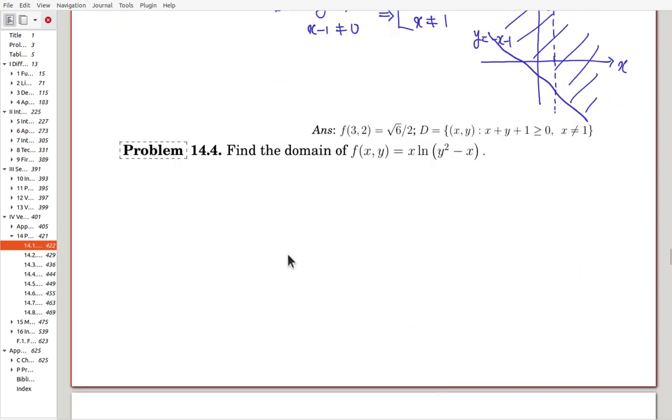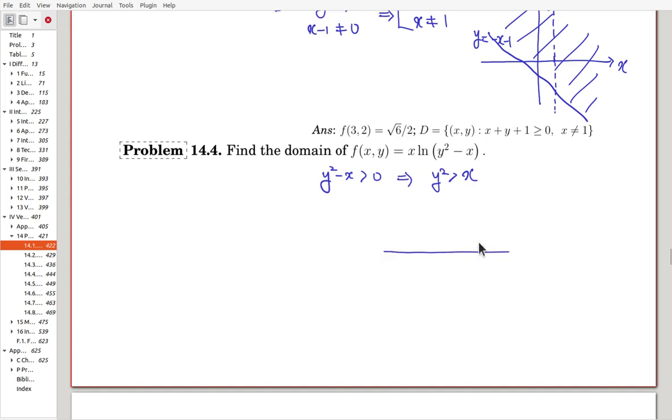Find the domain of the function. Okay. F of (x, y) is x times the logarithm of y squared minus x. The natural logarithm accepts only positive values, so y squared minus x must be positive, which means y squared is larger than x.